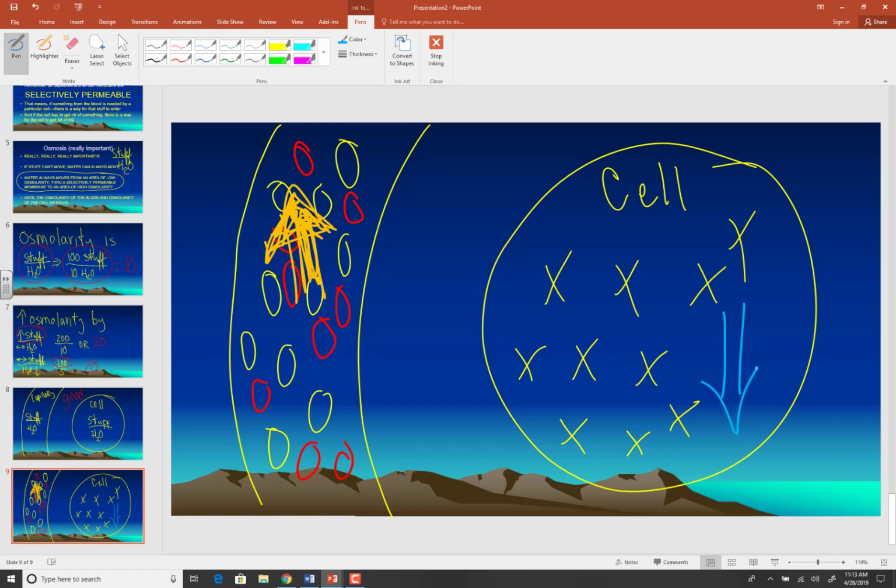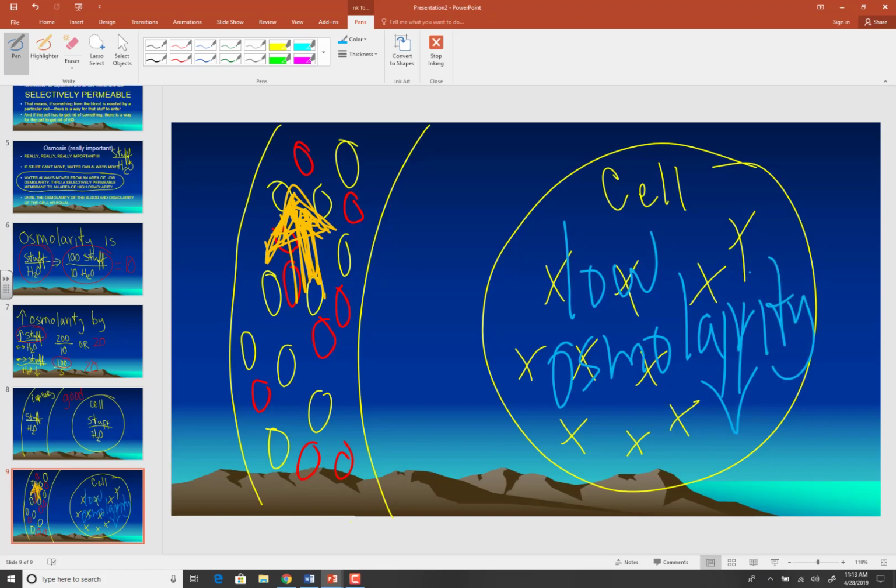And water always moves from an area of low osmolarity, or less stuff, more water, right? Through a selectively permeable membrane, water always moves from an area of low osmolarity through a selectively permeable membrane to high osmolarity.